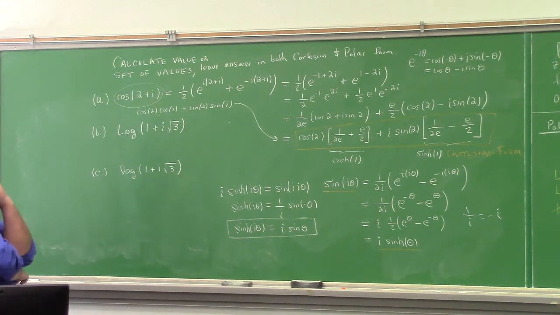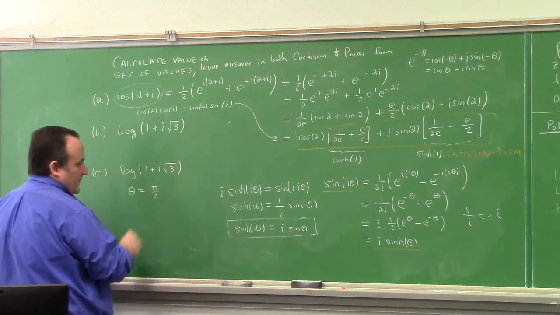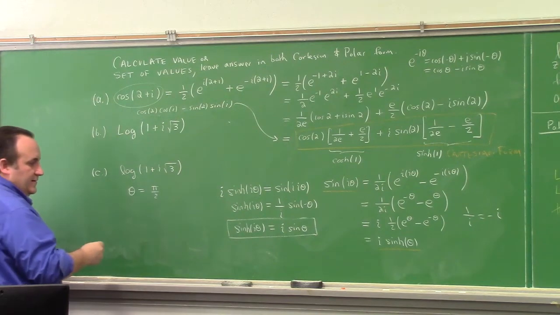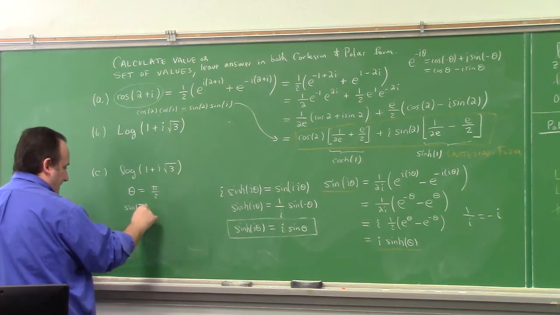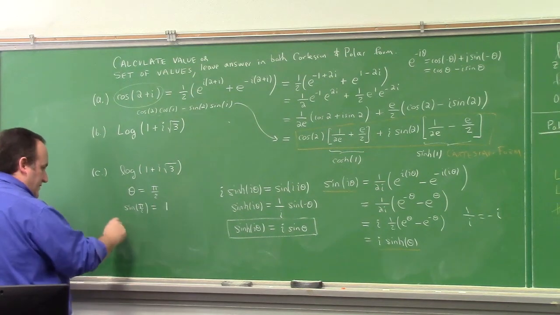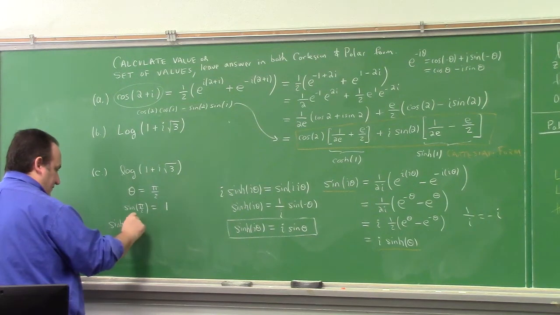Let's try pi over 2. Let's see how it works. Theta equal to pi over 2. Then what's sine of pi over 2? It's 1. What's the sinh of I pi over 2?